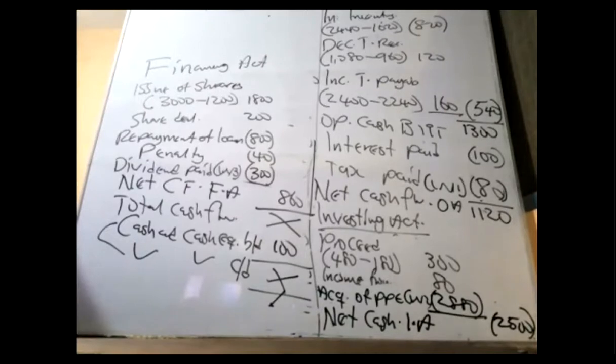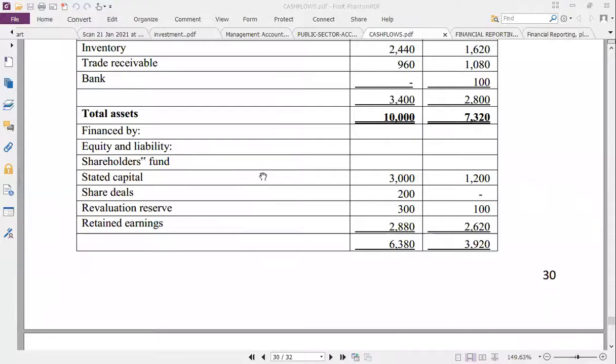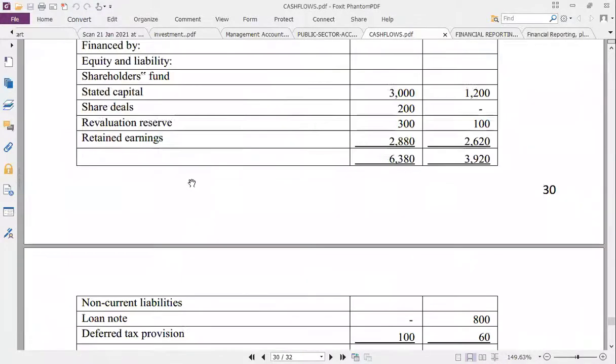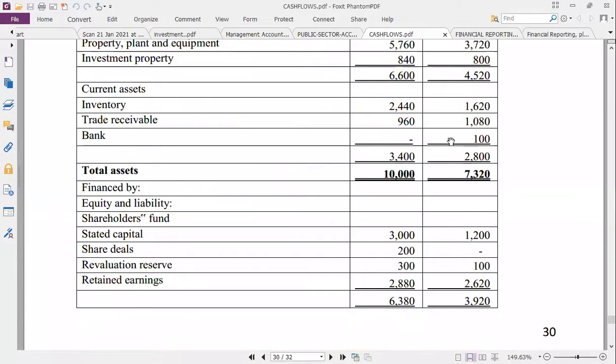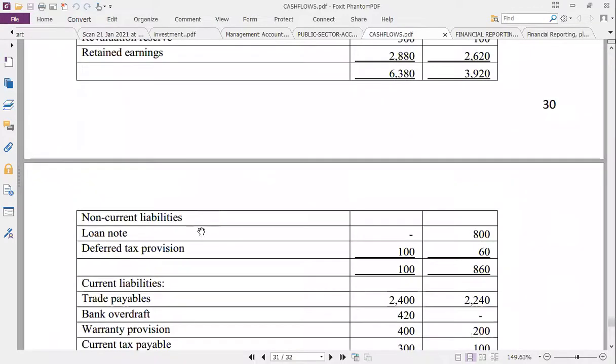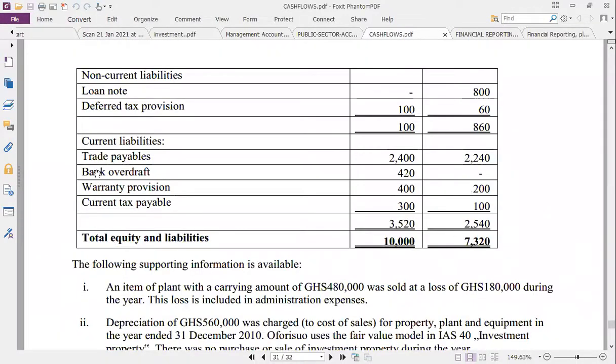Let's go and pick the closing balance. Kindly check how we are picking the figures. The closing balance at the bank, there's nothing there, so dash. But there's a bank overdraft at the end of the period, which is 420.